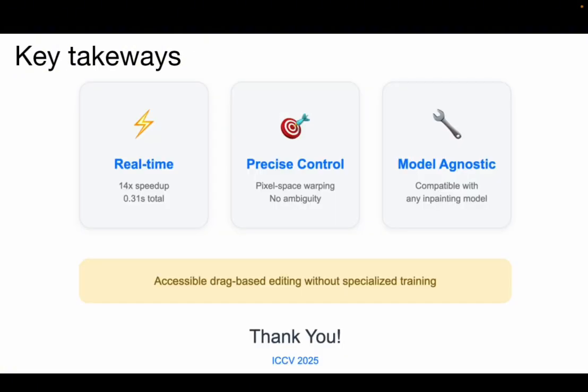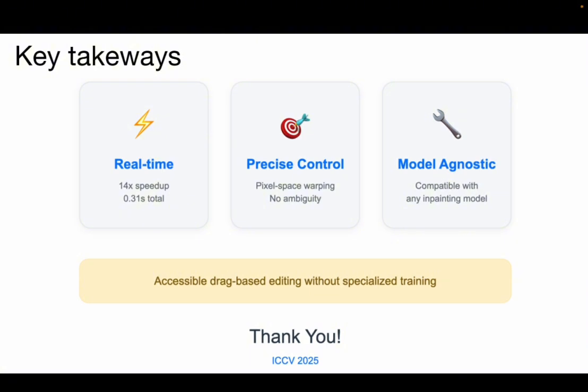In conclusion, Inpaint4Drag addresses the fundamental limitations of existing drag editing methods through our novel bidirectional warping approach. Our decomposed two-step pipeline combining pixel space warping with specialized inpainting delivers precise control, handles large occlusions effectively, and eliminates input ambiguity.